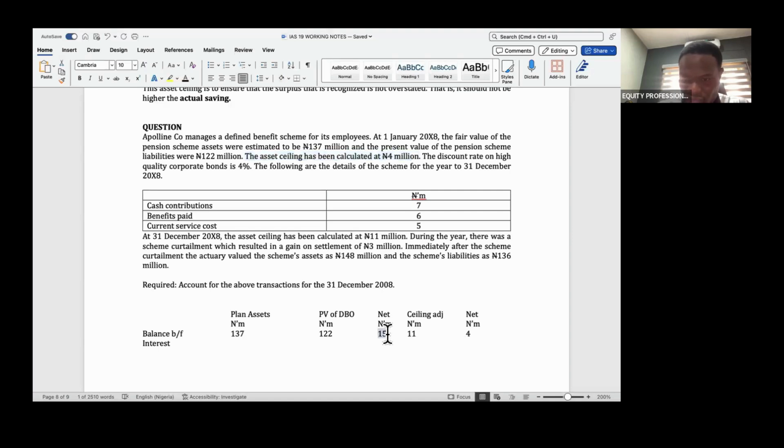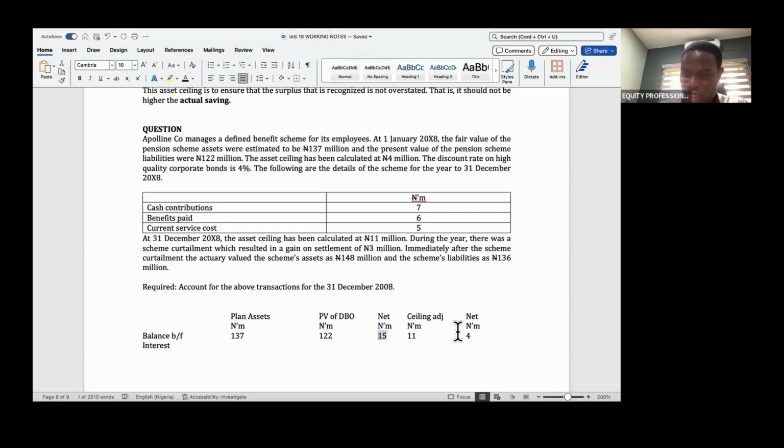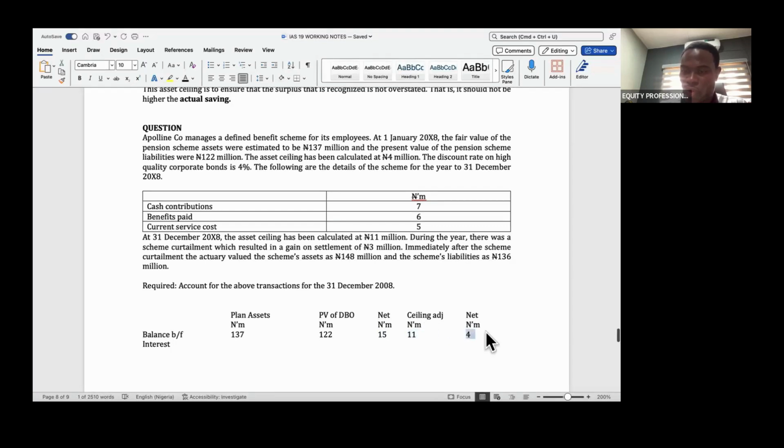So instead of this 15, what we would have to recognize is actually 4 opening. So this 11 million you're seeing here is just the difference between 15 minus 4. It's like there's a decrease by 11 to come to 4. So it's just 15 minus 4 to arrive at this ceiling adjustment. Did I help? I don't know.